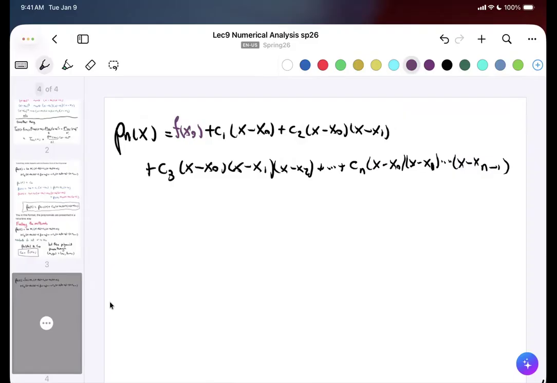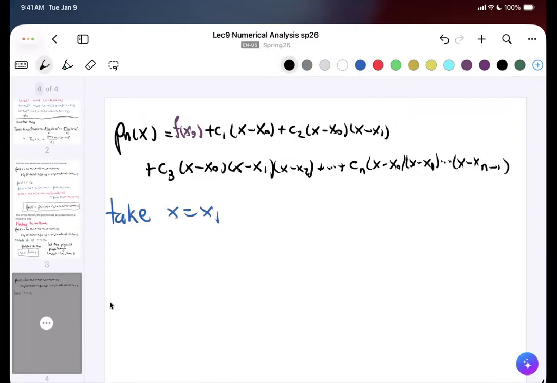Because that's the one that kills off the rest. x0 was the best one because it kills off all of this, but I cannot reuse x0. So I'll use x1 because it kills all the others. You're trying to simplify as much as possible. So now take x to be x1.